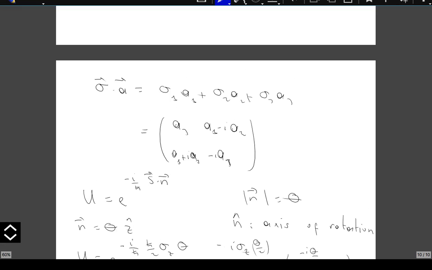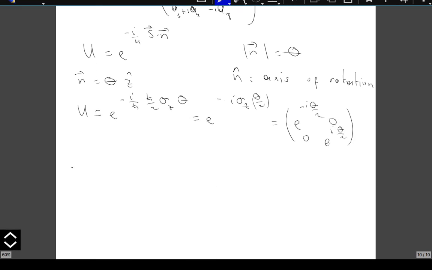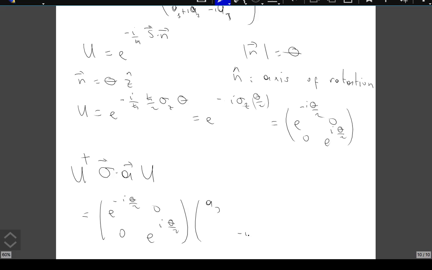Now let's see what this U does to my sigma dot A. This is equal to U times the matrix with entries A3, A1 minus i A2, A1 plus i A2, minus A3, times U dagger, the diagonal matrix with e to the power minus i theta over 2 and e to the power i theta over 2.